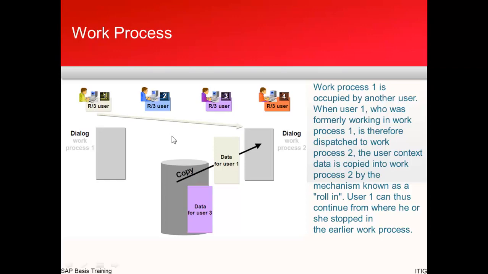So roll-in is whenever the user connects to a work process, his context is copied into that particular work process. So user 1 can then continue from where he or she stopped in the earlier work process.